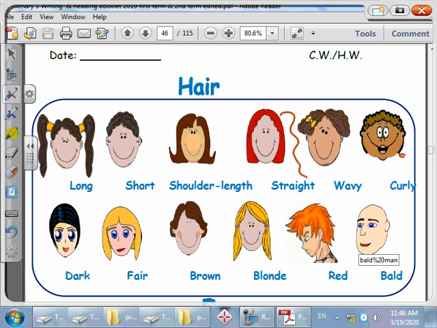Or curly, it's curly like this. Dark hair, fair hair. So these are opposites, dark and fair. Brown, blonde, it's like the yellow color. We say blonde. We don't say her hair is yellow. We say she is a blonde, for example. Red, bald. See, no hair.